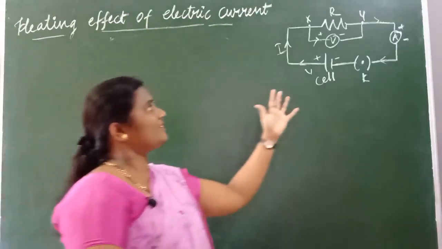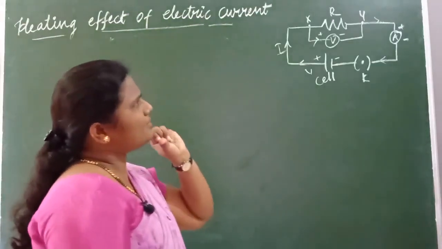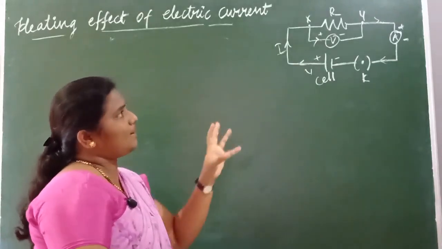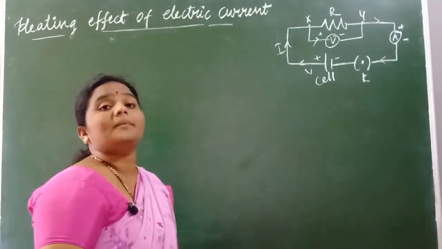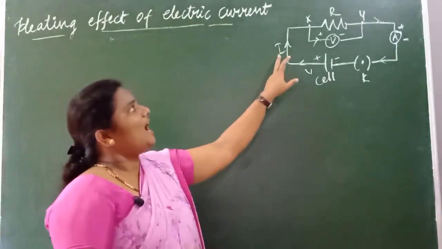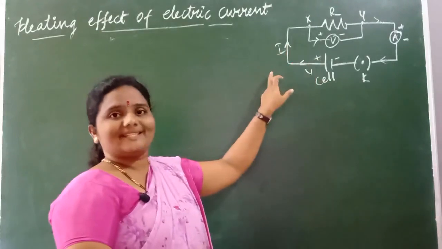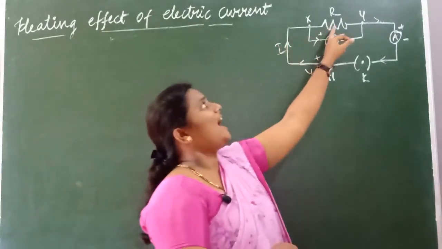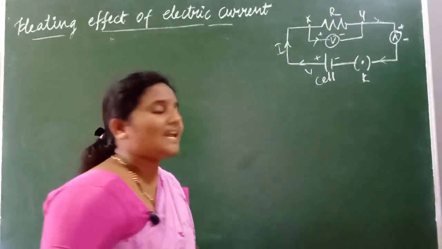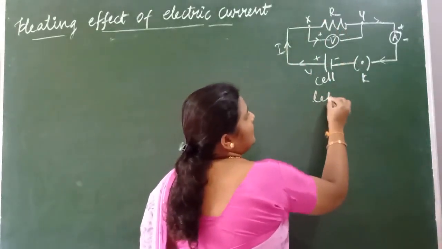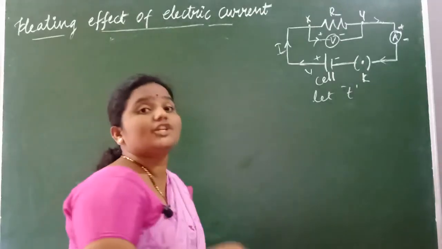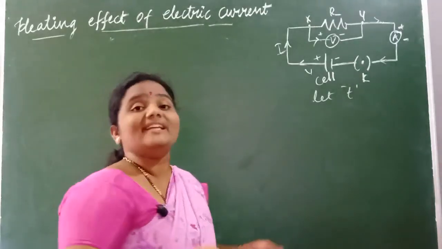Let's have a look at this figure. It consists of simple things: a cell, a plug key, an ammeter, a voltmeter and a resistor. Suppose I is the current flowing in this circuit through a resistor having a resistance R. Let T be the time taken for which the charge Q flows, and V is what?